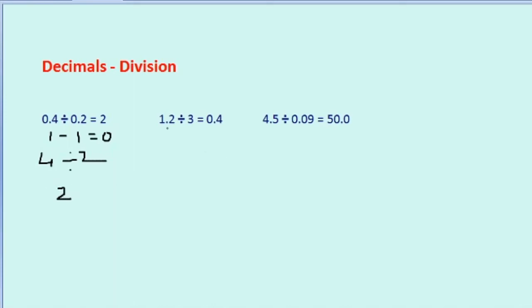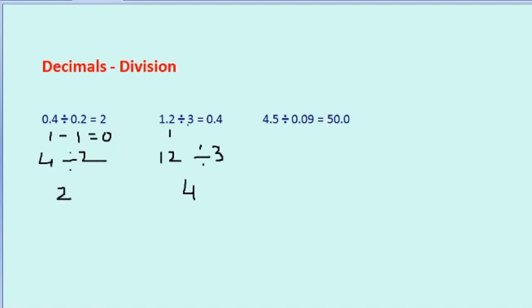In the next example, it is 1.2 divided by 3. So we'll remove the decimal: 12 divided by 3. 12 divided by 3 is how much? 4. Now, how many decimals have we skipped in this number? 1.